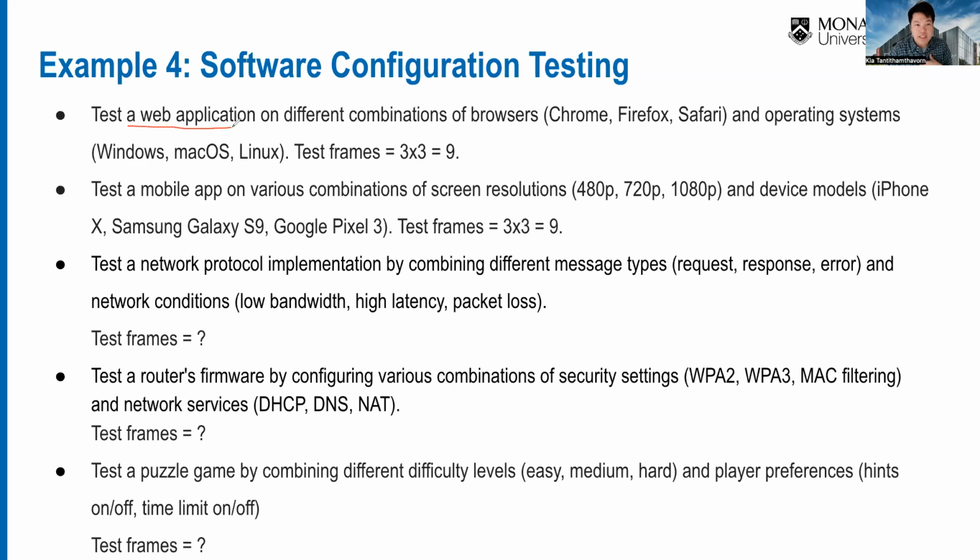For example, we want to test a web application with 3 browsers and 3 operating systems. So what should we test? 9. Easy. Let's say we want to test a mobile app in various screen resolutions. We have these choices of screen resolution, and we have 3 devices. So 3 by 3, we get 9 choices.